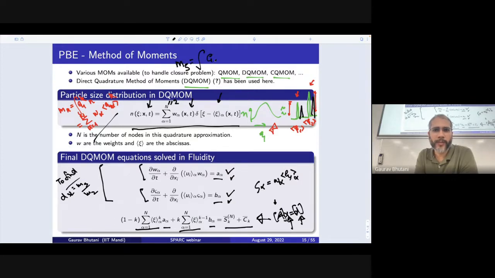M5 is xi to the power of 5 times n times d xi. So what we say is that we'll write it in terms of weights and abscissas. So this becomes a sum over a finite number of weights, W alpha times xi alpha to the power 5. So I need 4 values, W1, W2, xi1, and xi2, to represent the 5th moment.